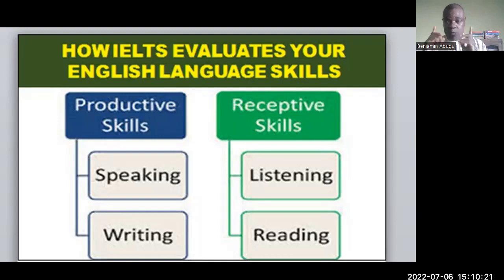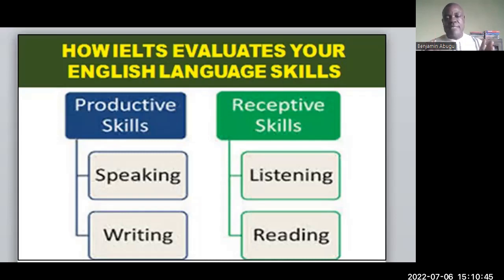I mean, to attract one mark, all right? Each question has one answer. And that means that if you score 40 over 40, then you will obtain band 9, which is the highest band, the highest score in the IELTS.